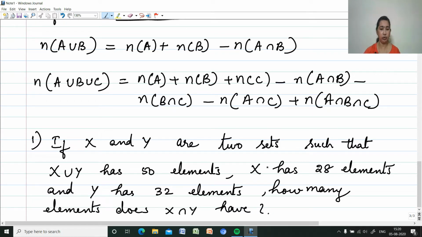We should know how many elements are there in each set, then only we can find out.